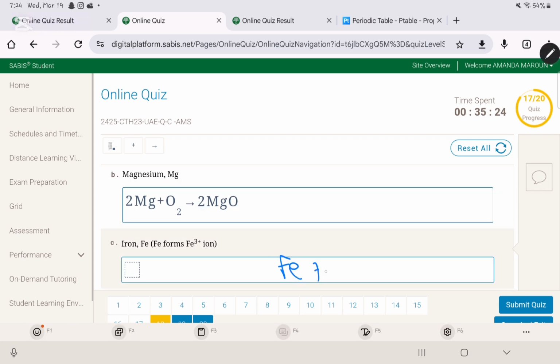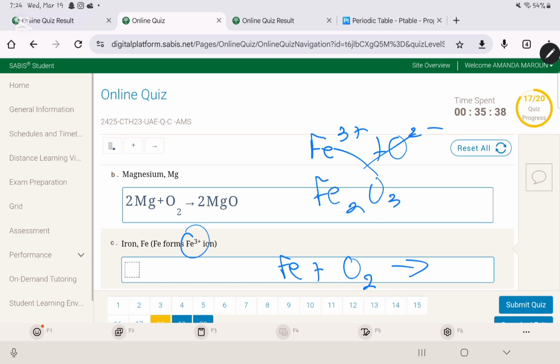Now finally, iron, Fe. Fe will react with oxygen, O2, to form the compound. They said it's Fe3+. So Fe3+ will react with O 2 minus, crisscross method, Fe2O3. Okay, so the product is Fe2O3. As you can see, it is not balanced. To balance it, very simply, we are going to put a 4 over here, a 3 over here, and a 2 over here.